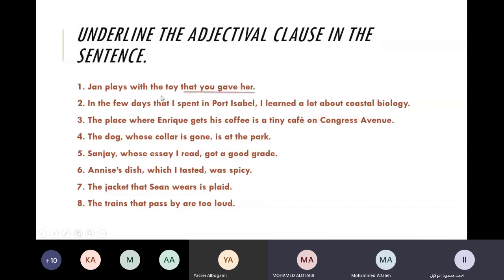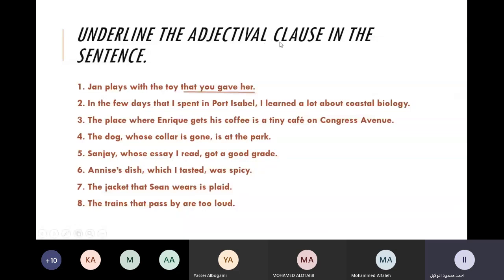Very good, Muhammad. So, guys, here in this example, Jane plays with the toy. Until here, starting from Jane to the toy, I have full information. Mute, please, guys. So again, guys, in example number 1, when I say Jane plays with the toy, starting from Jane to the toy, I have full information, main clause, right?